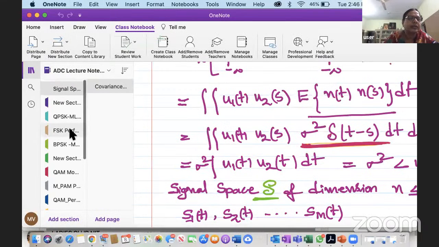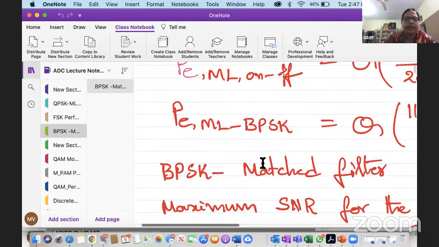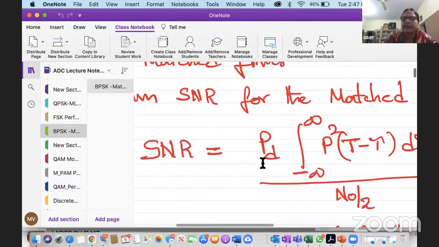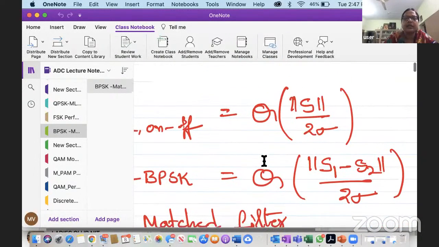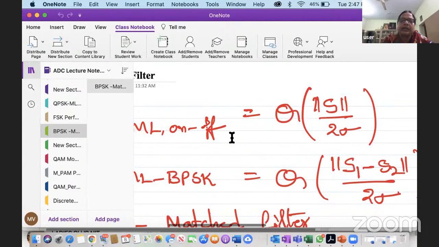I'm quickly reviewing what probability of error we derived for the BPSK case. The probability of error of BPSK is Q of mod of S by 2 sigma, where S means your transmitted signal distance. This is the probability of error for BPSK.